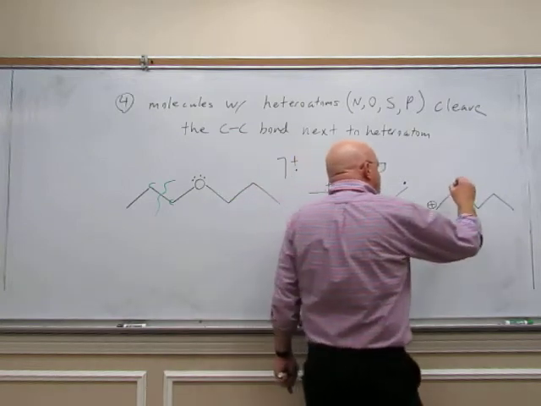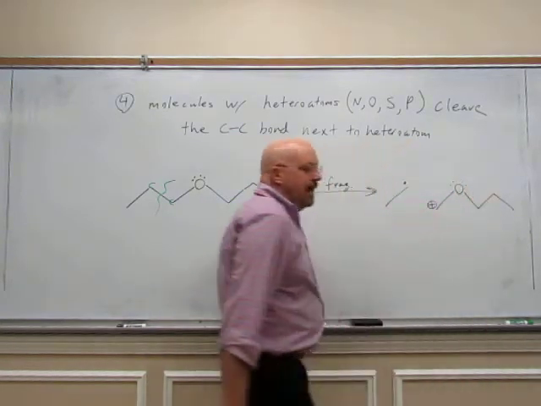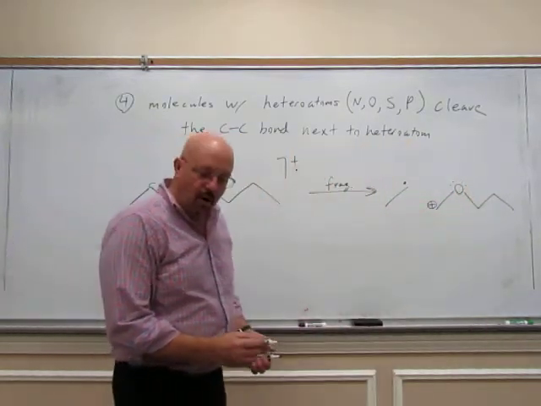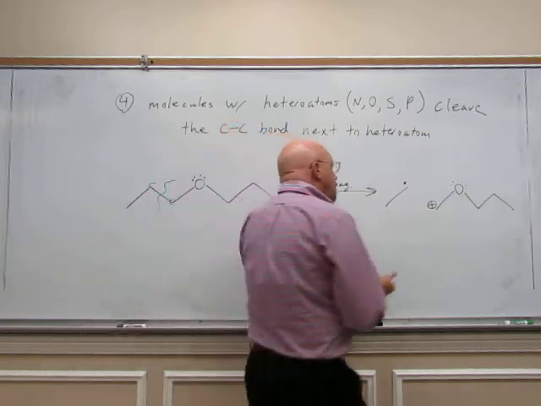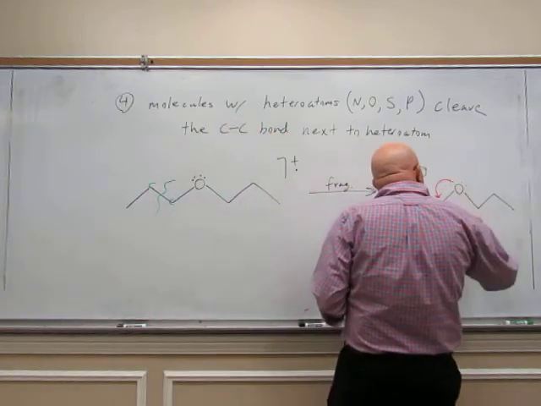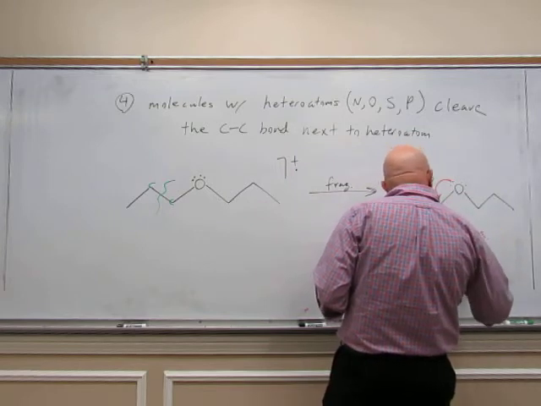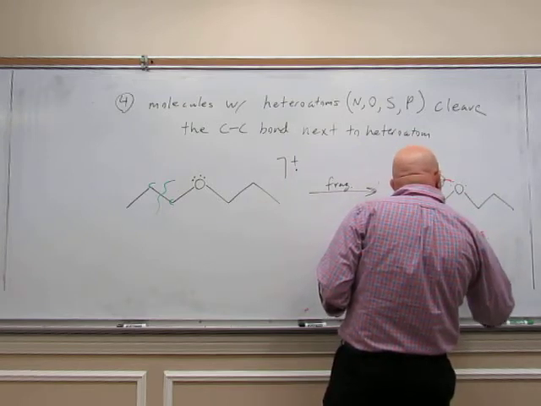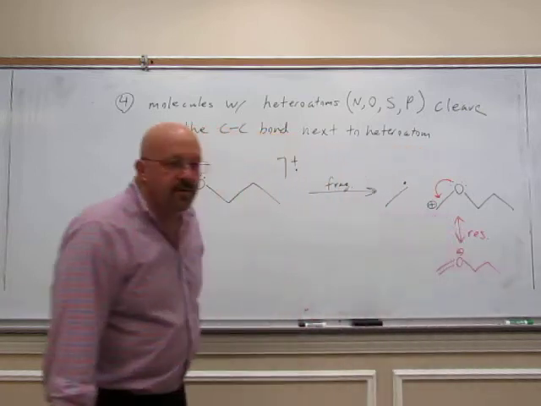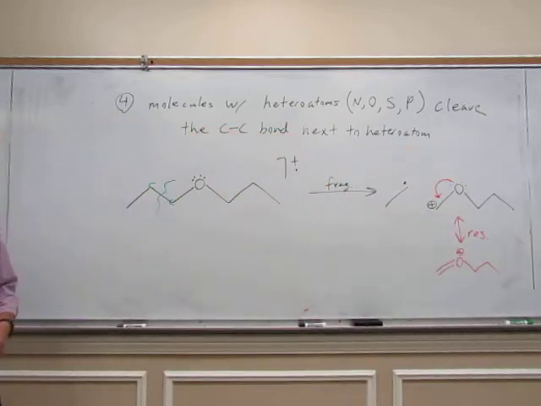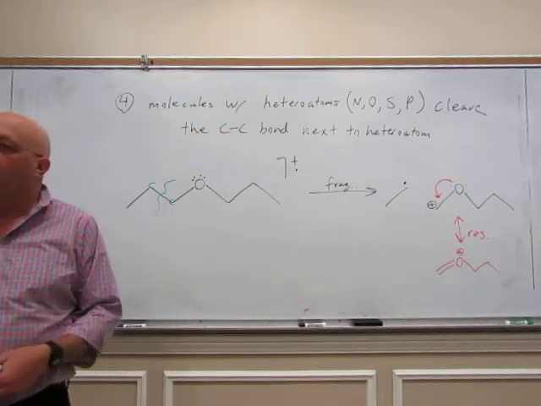And remember, there's lone pairs on that oxygen. So it likes to go there because we can draw resonance for that. You've got resonance to stabilize. See, it's got resonance. So that's a more stable carbocation. Resonance bumps you up one spot.